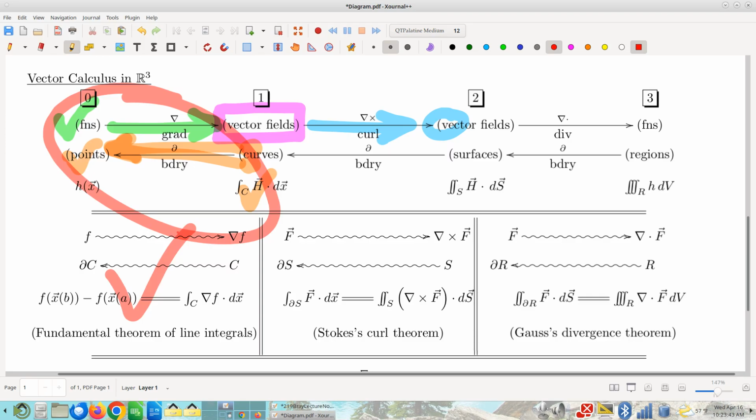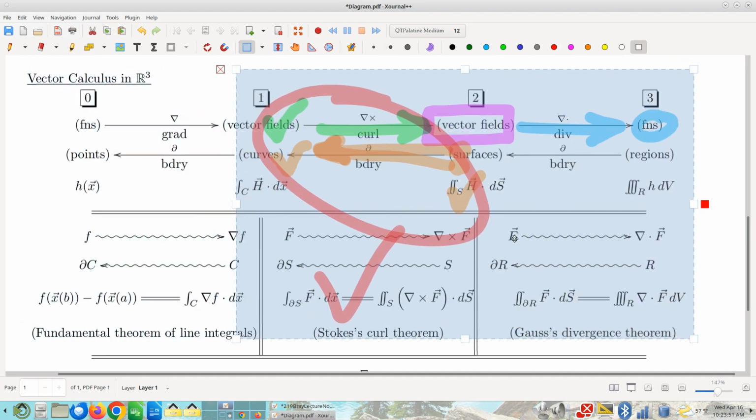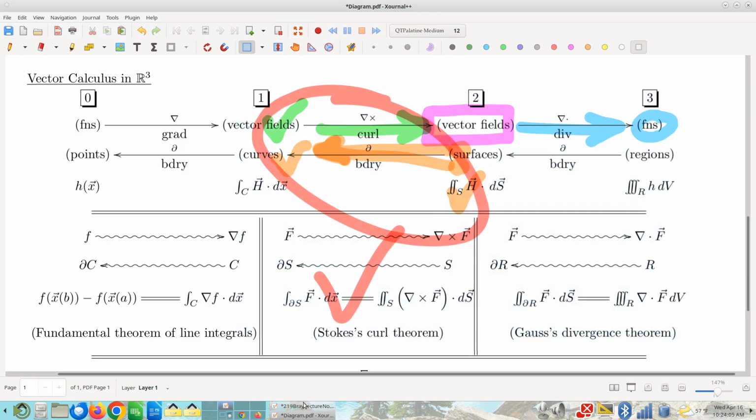So, with that in mind, we might reasonably speculate that Stokes' curl theorem might be the thing that will allow us to connect being a curl with being surface independent. So let's test that theory. Let's see if that works.